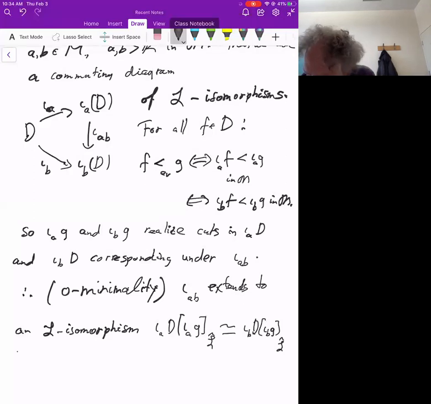Yeah, let me explain this notation L hat.